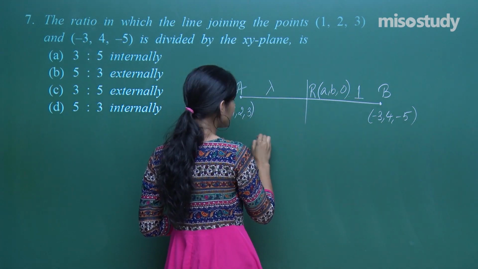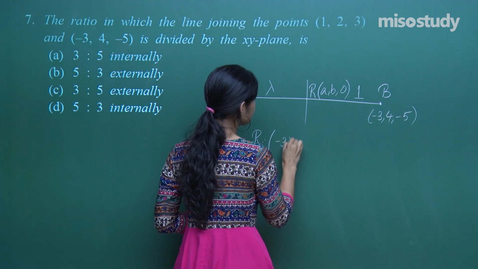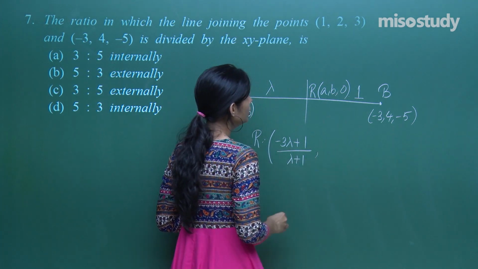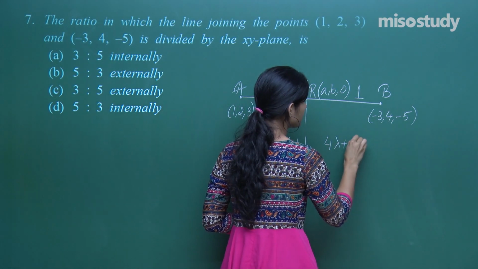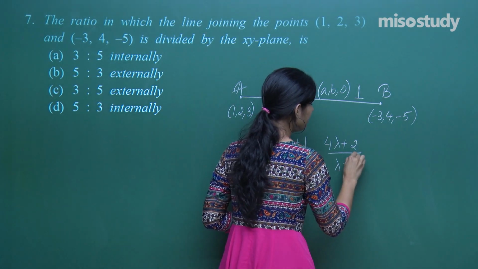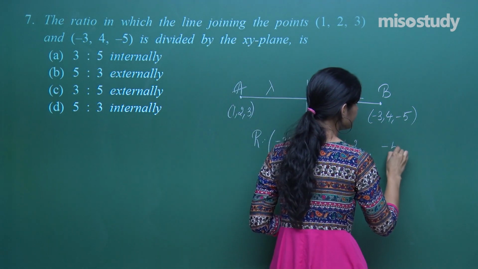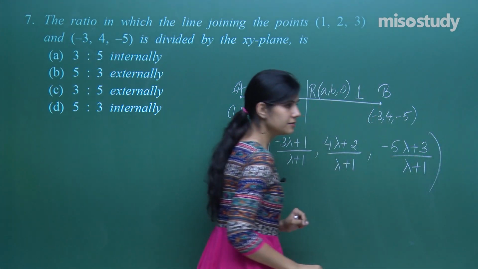So coordinates of R are: minus 3 lambda plus 1 whole upon lambda plus 1, comma 4 lambda plus 2 whole upon lambda plus 1, and minus 5 lambda plus 3 upon lambda plus 1.